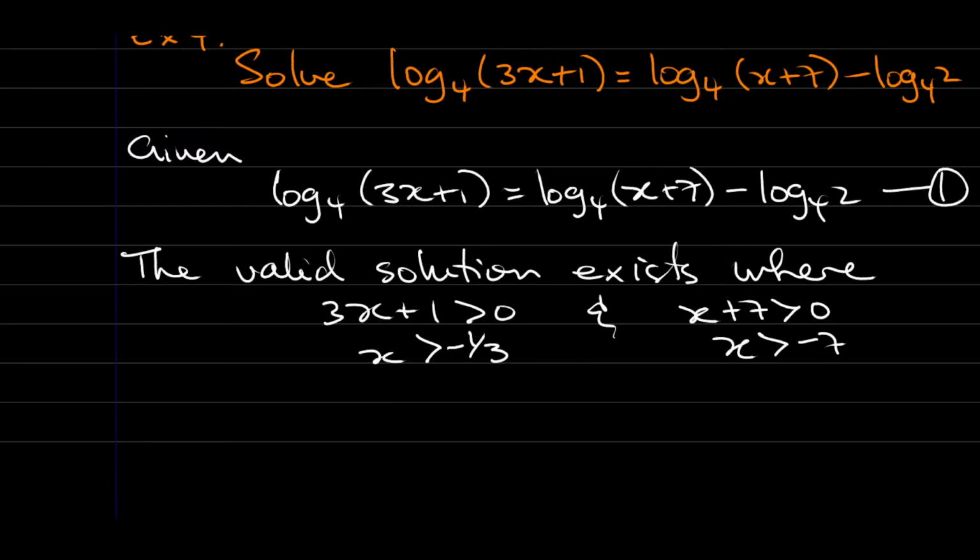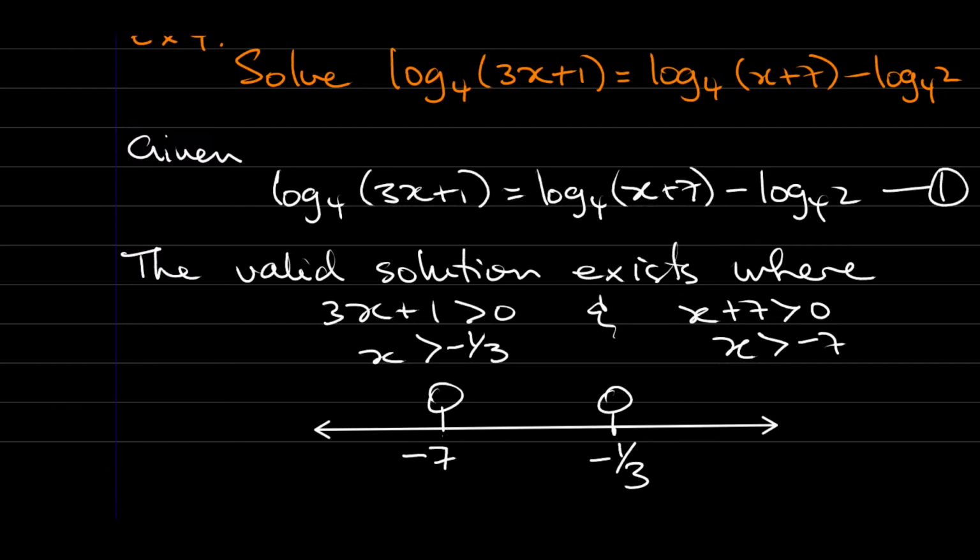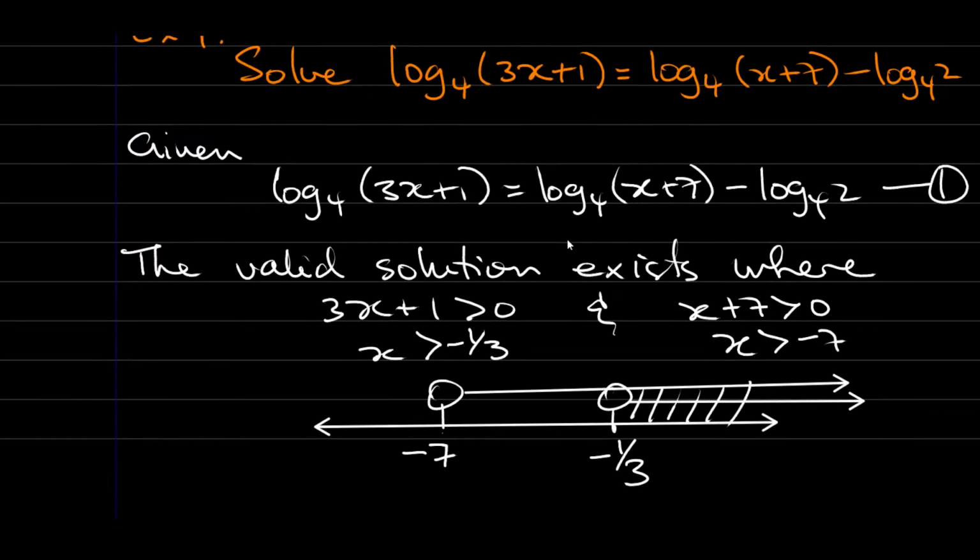With my valid solution region, I have negative 7, and then here's negative 1/3, and x is greater than both. So that means our region needs to work right in there.